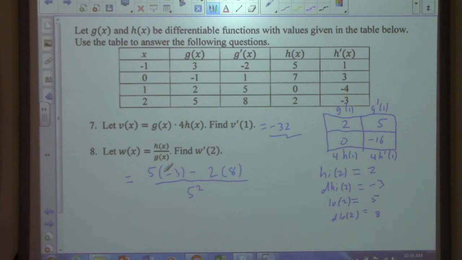So that's negative 15 minus 16, which is negative 31 over 25, right? So that's it.